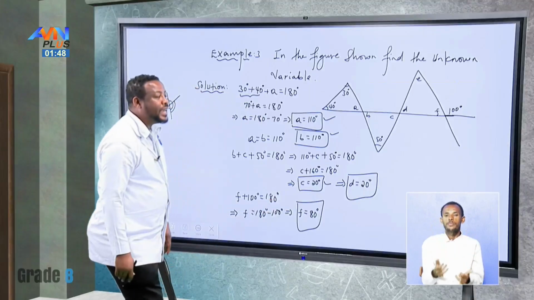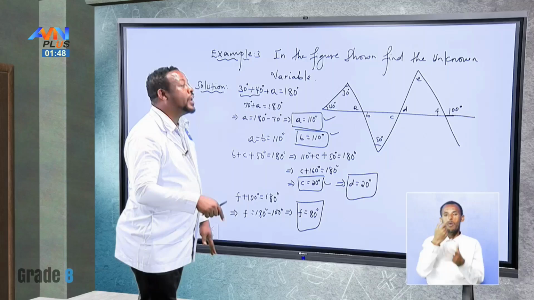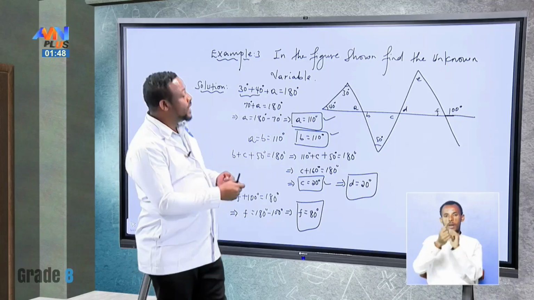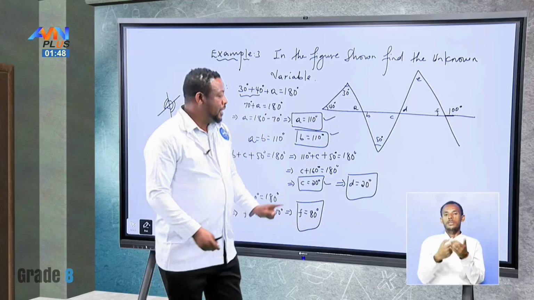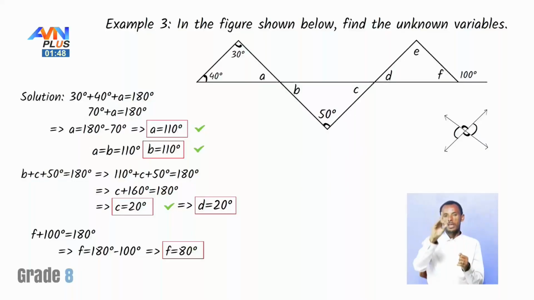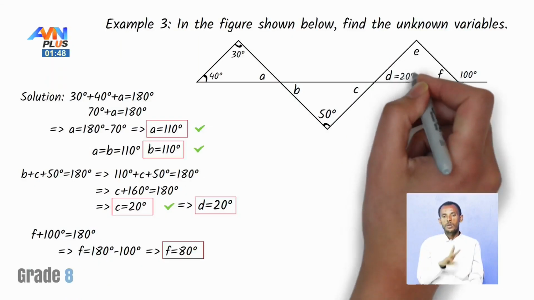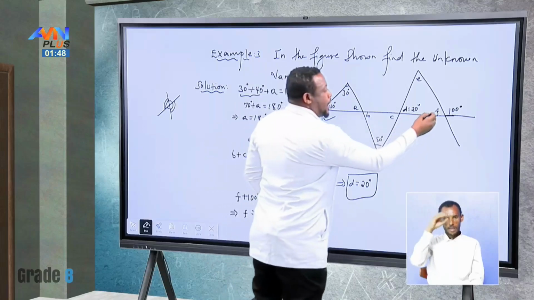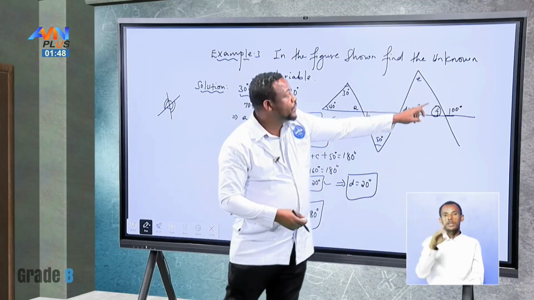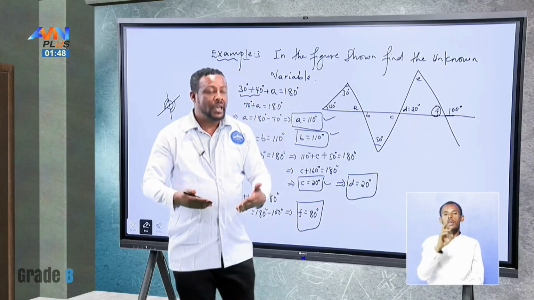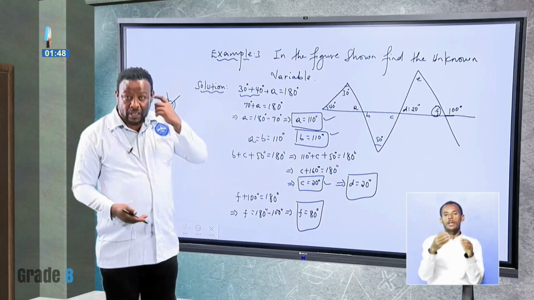Now, we are left with only one unknown variable, which is E. This can be obtained because D is already 20. We have D here 20, and F is 80 degrees. So D, F, and E form the interior angles of a triangle.